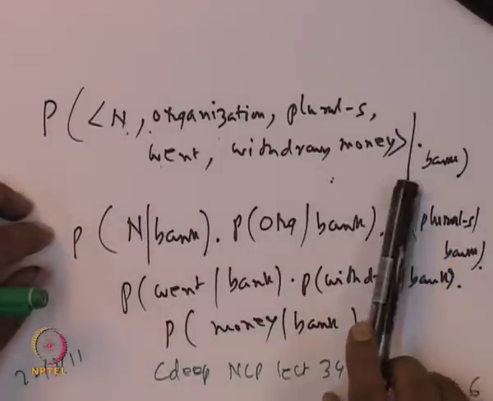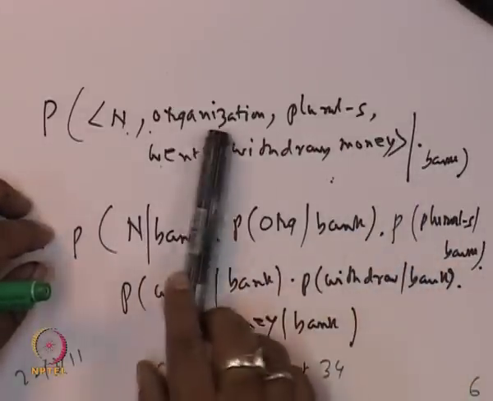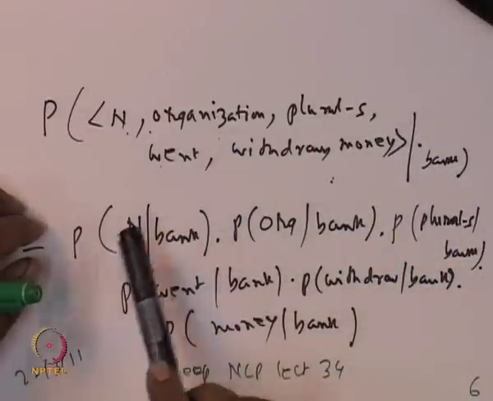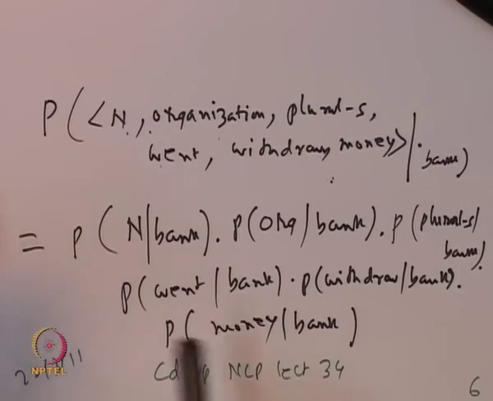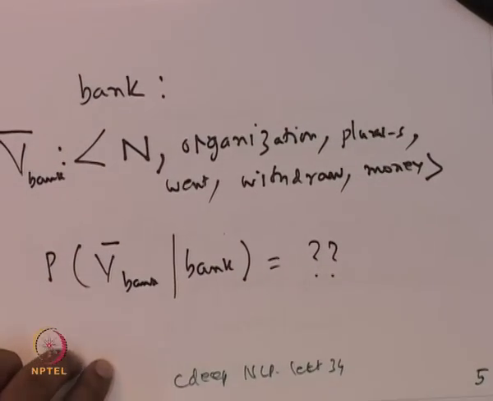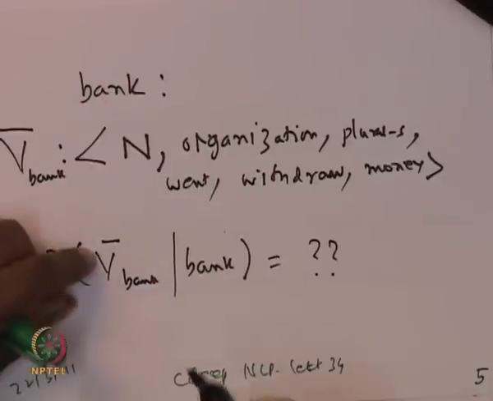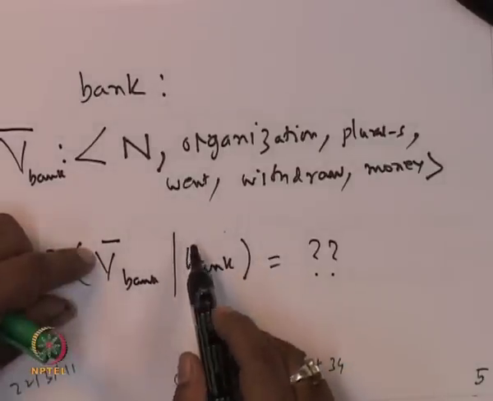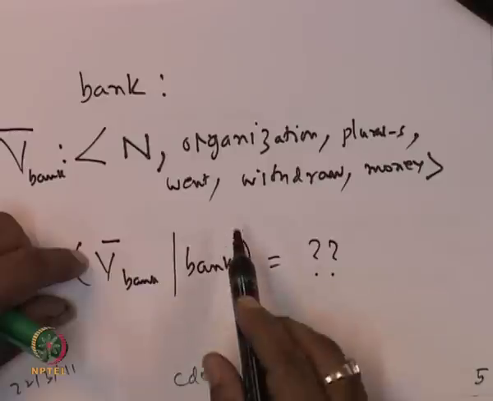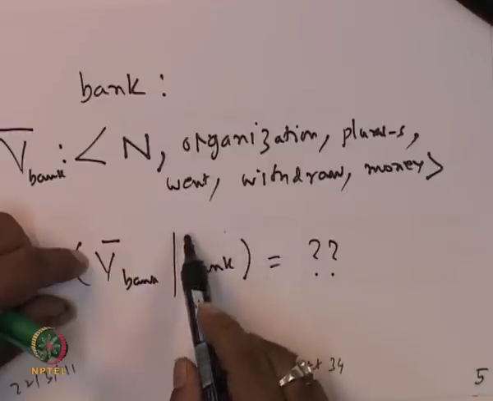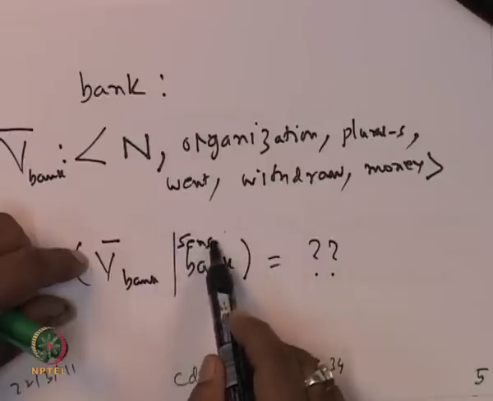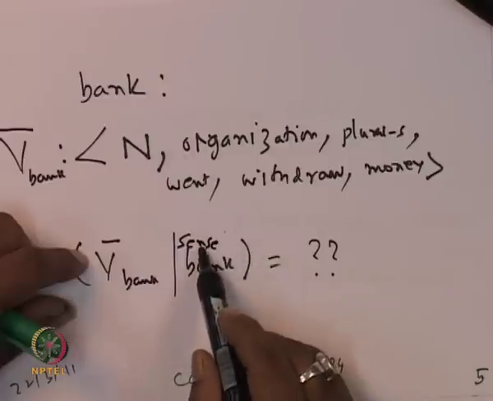So, here we wrote it for the word. Okay. Actually, when we apply the formula, we have to have the sense of bank. Okay. So, we will express this by sense of bank.